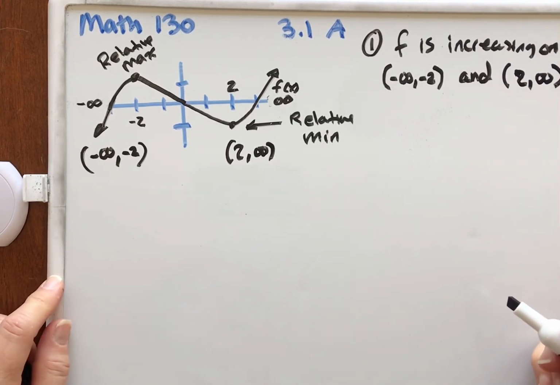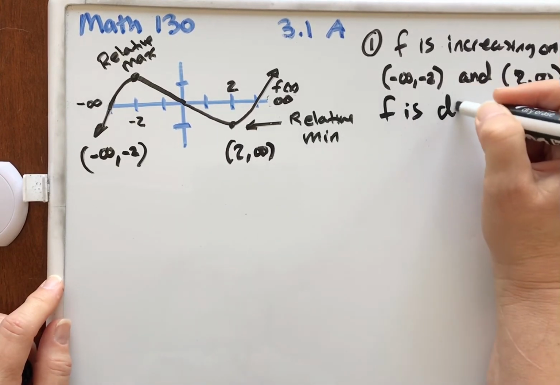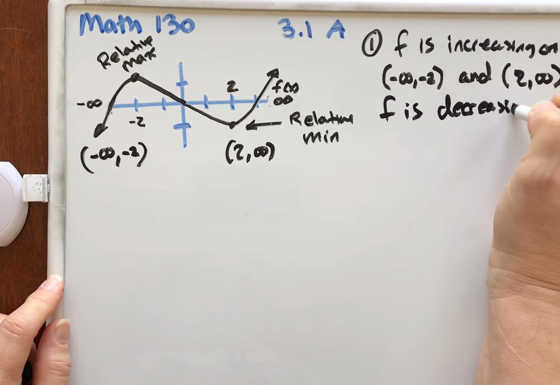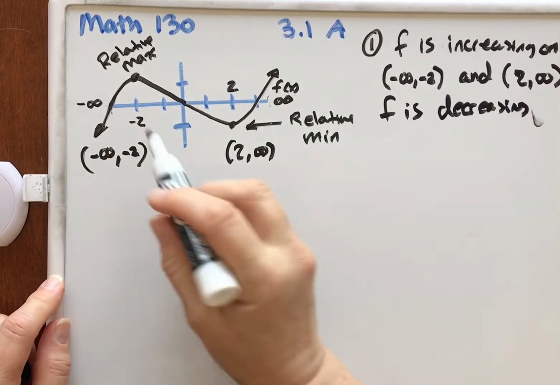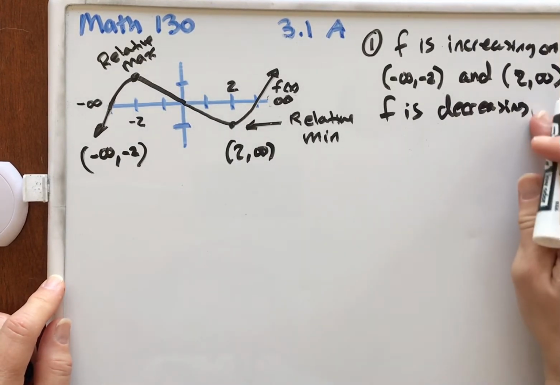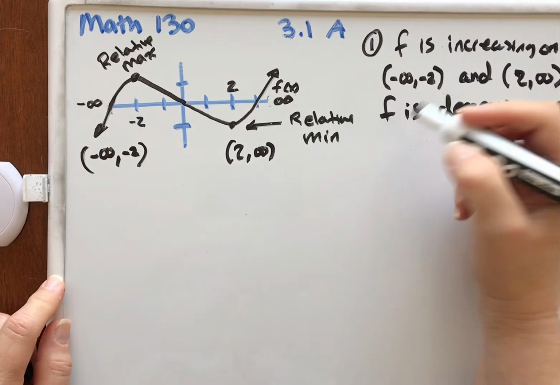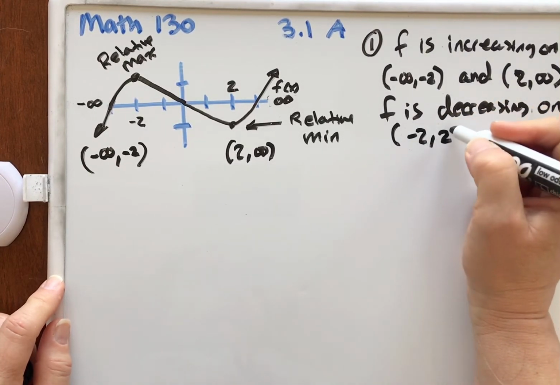So where is it decreasing? F is decreasing on. And that is right here from -2 to 2, you can see it's decreasing on -2 to 2.